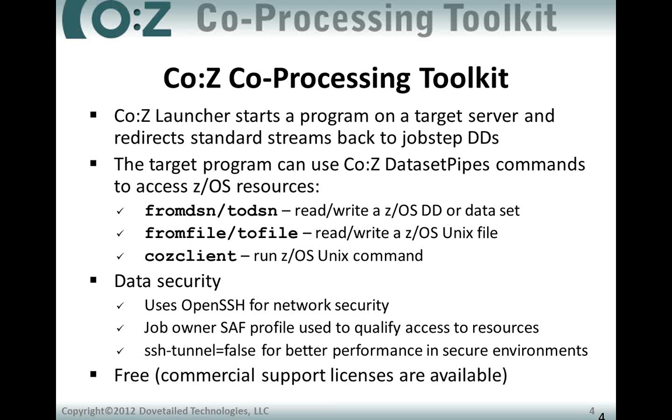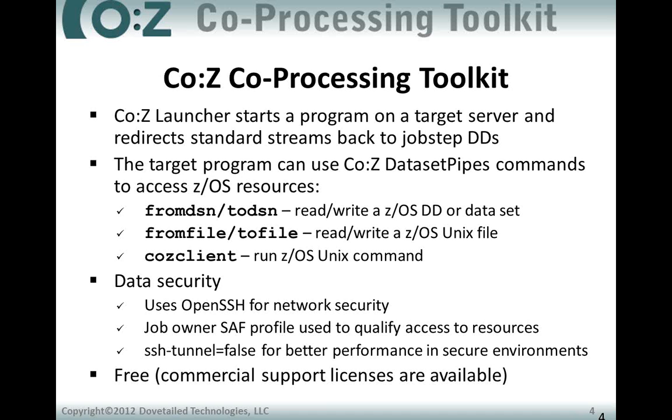Data security is also a consideration in the COSI Co-Processing Toolkit. It is implemented on top of the proven OpenSSH technology and uses OpenSSH for its network security. Resource access is protected by the job-owning SAF profile to provide good quality access to the z/OS resources from the target program.